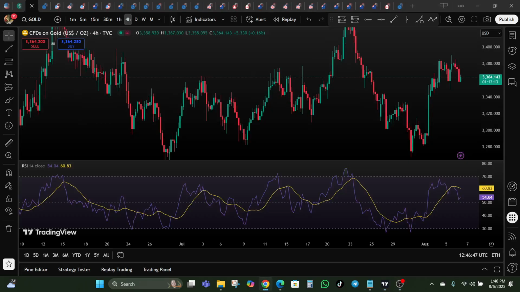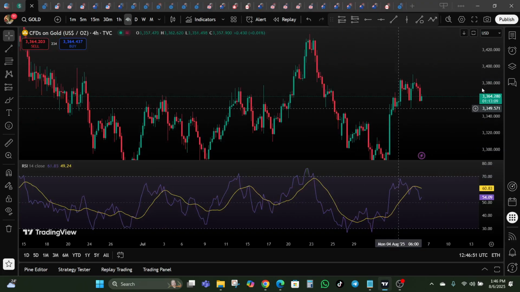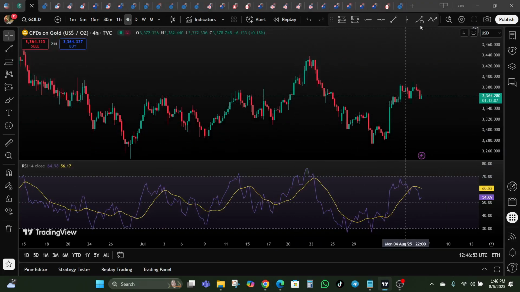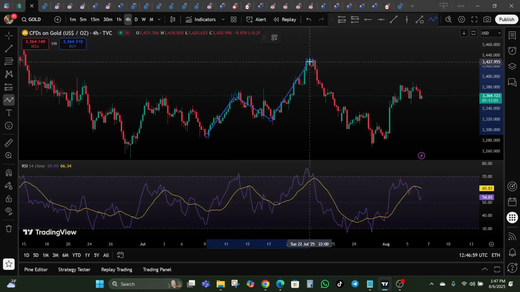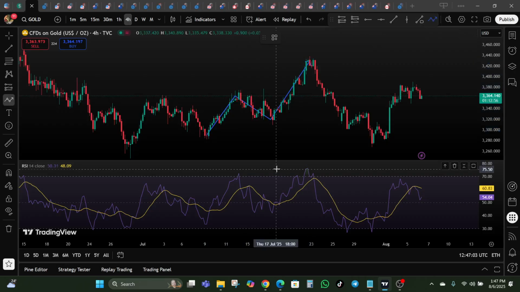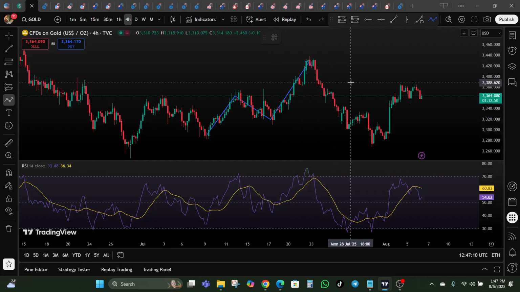Perfect. So now, whenever price is making higher highs and higher lows, and you have the RSI making lower highs and lower lows at the same time, it is called a divergence.